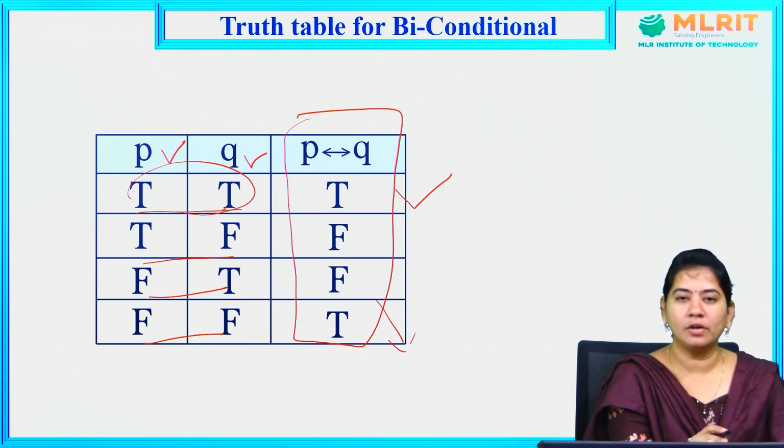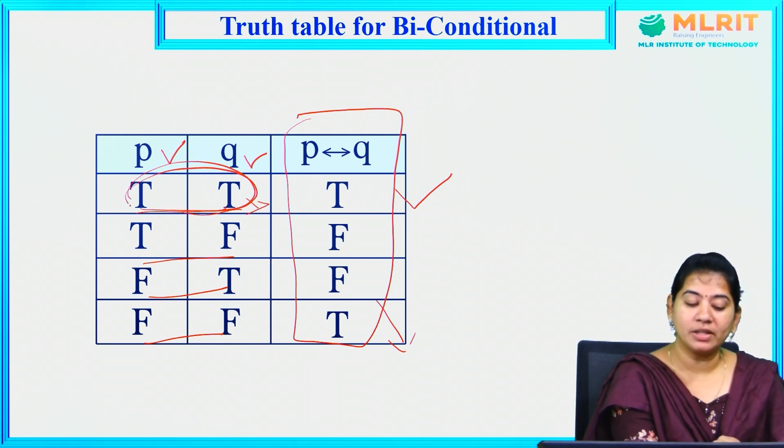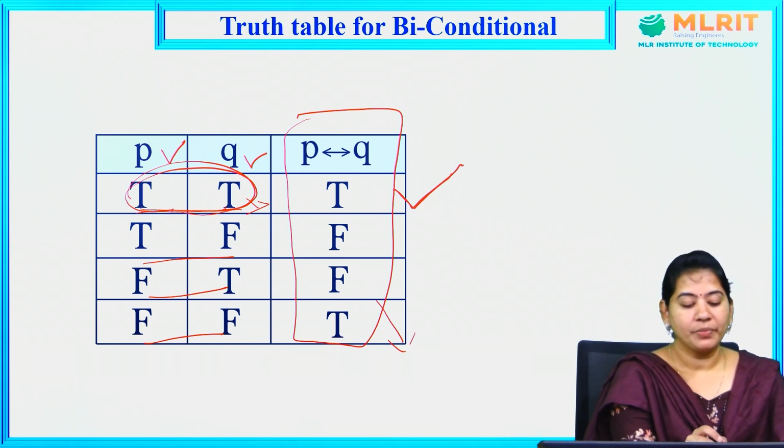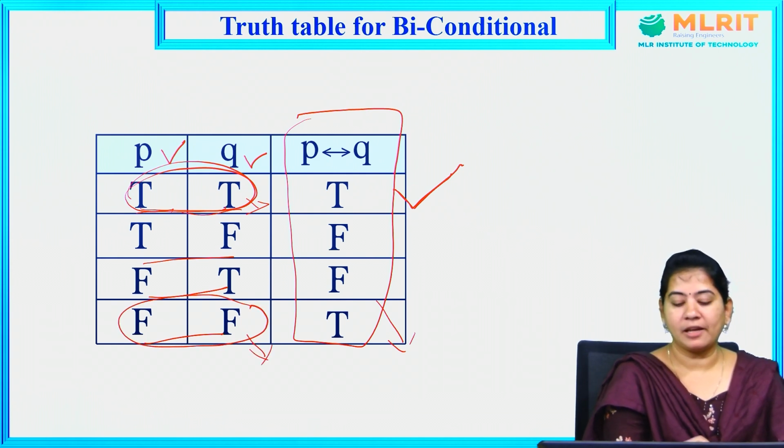Whether it is true or false doesn't matter. As both statements have the same value, the resultant truth value is true. In the last row, both statements are the same, so the resultant truth value is true.